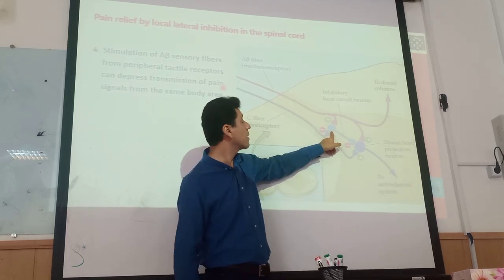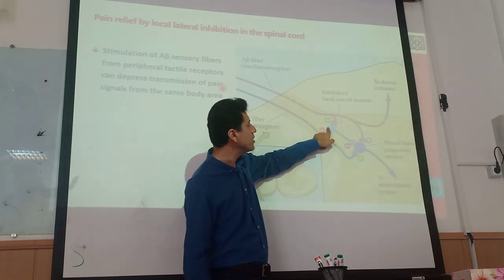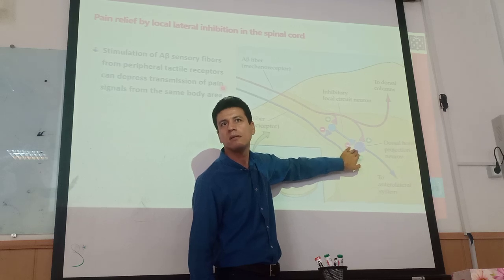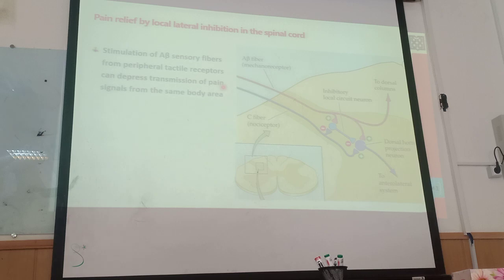The inhibitory interneurons close the gate, the pain gate. So, the gate for pain can be closed by the brain or by tactile sensations from the skin. Both of them can decrease the pain.